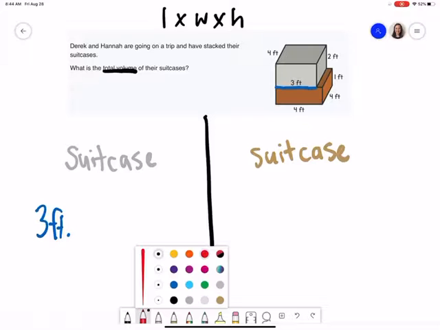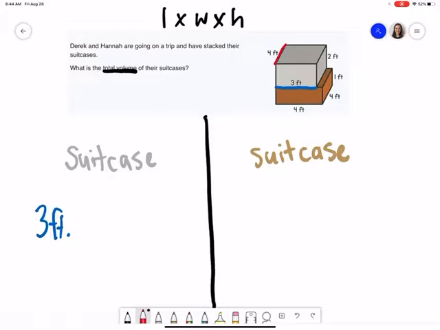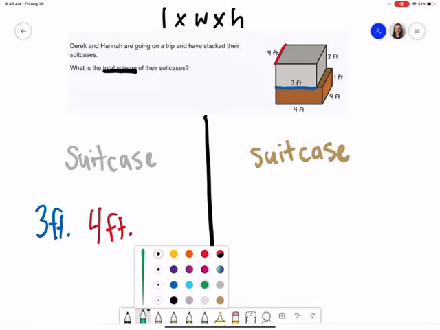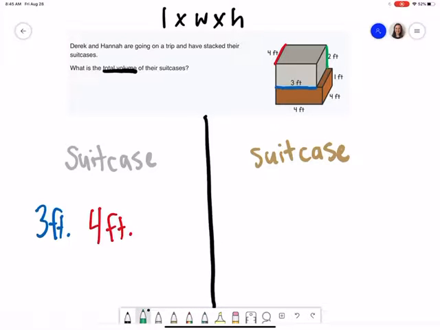All right, 3 feet times the width, which is 4, times the height, which is 2 feet.